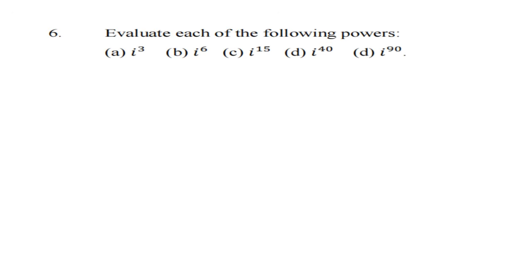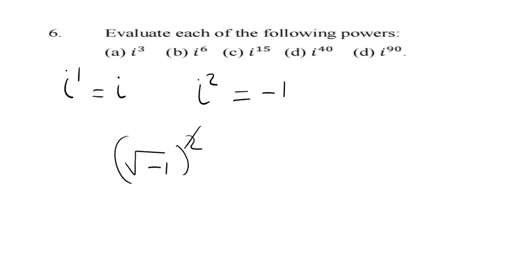Then some basics is, if I is to the power 1, it will just give us I. However, if we say I to the power 2, what is it going to give us? It's going to give us a -1. Why? Because I itself is the square root of -1, and if we square this, the square and the root are going to cancel, just going to have -1.